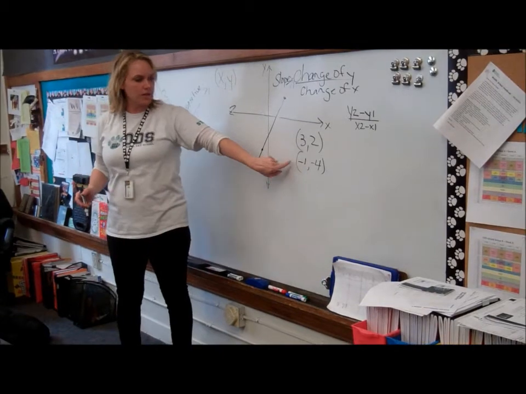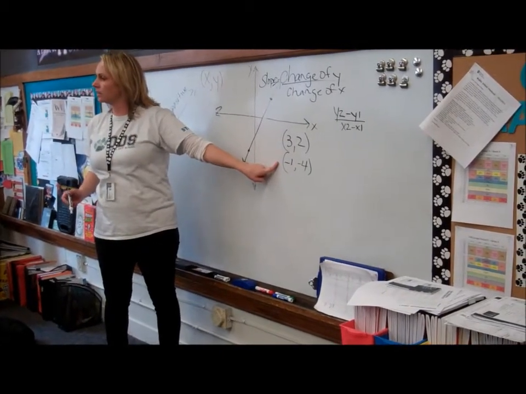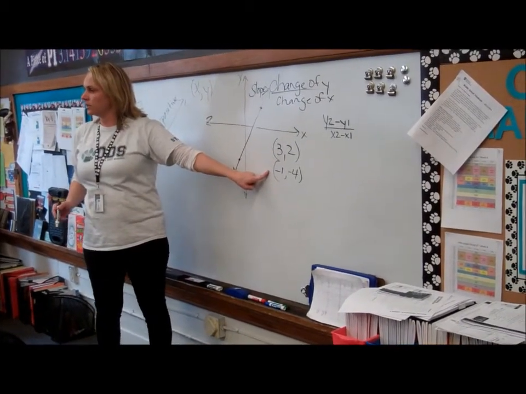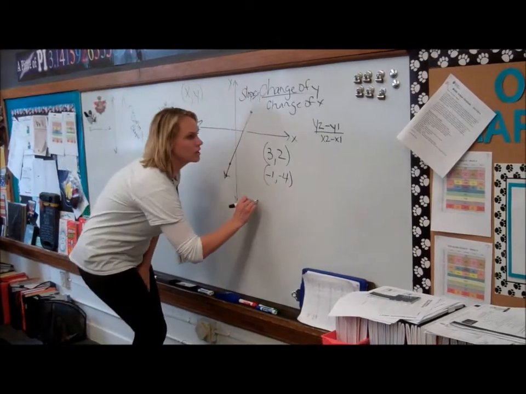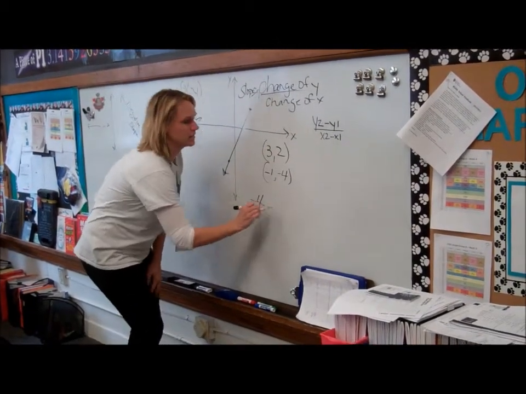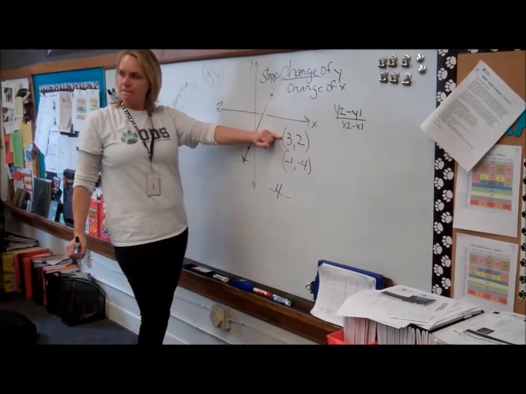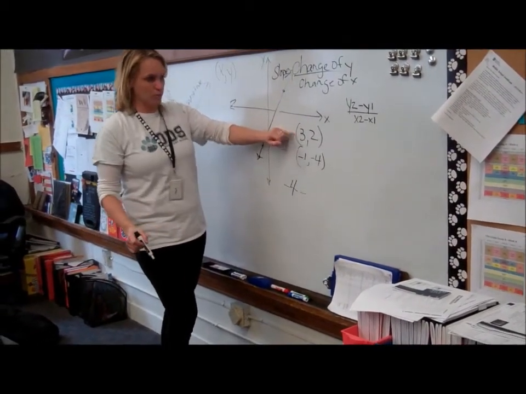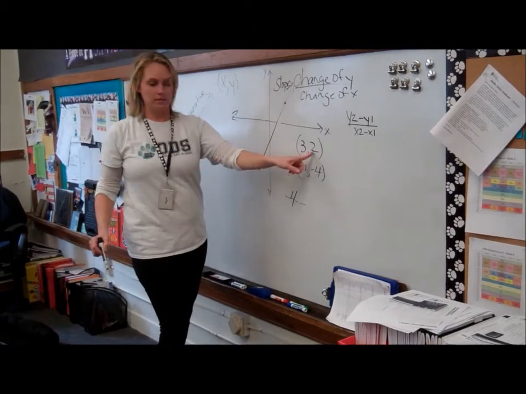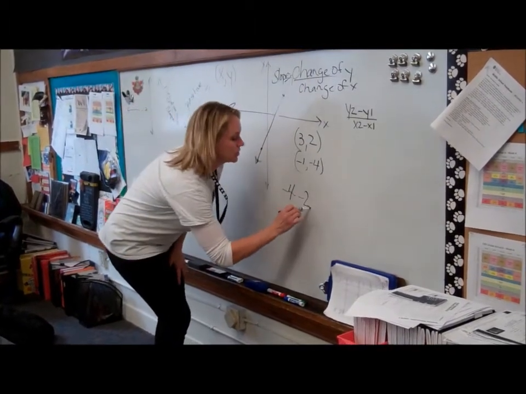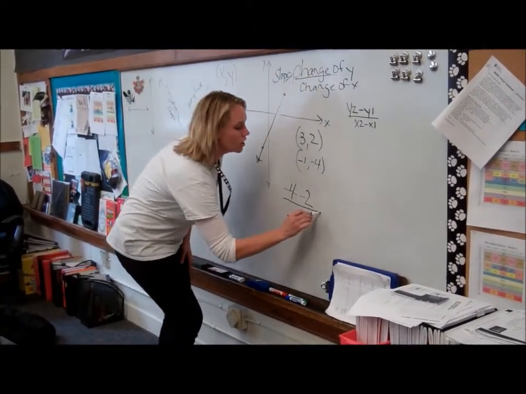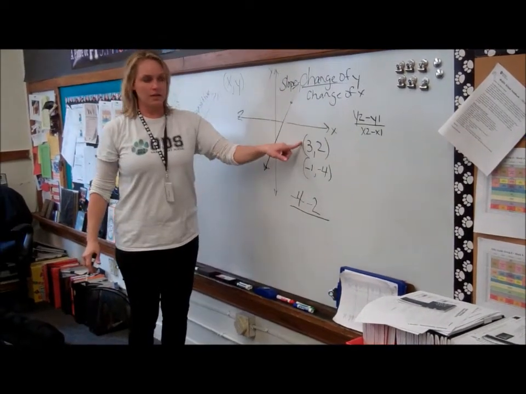So what is my y2 in this coordinate pair? Nicole? -4. -4 minus, what is my y1? Jacob K. 3. The y. Oh, 2. Very good. So -4 minus 2 all over x2 minus x1.